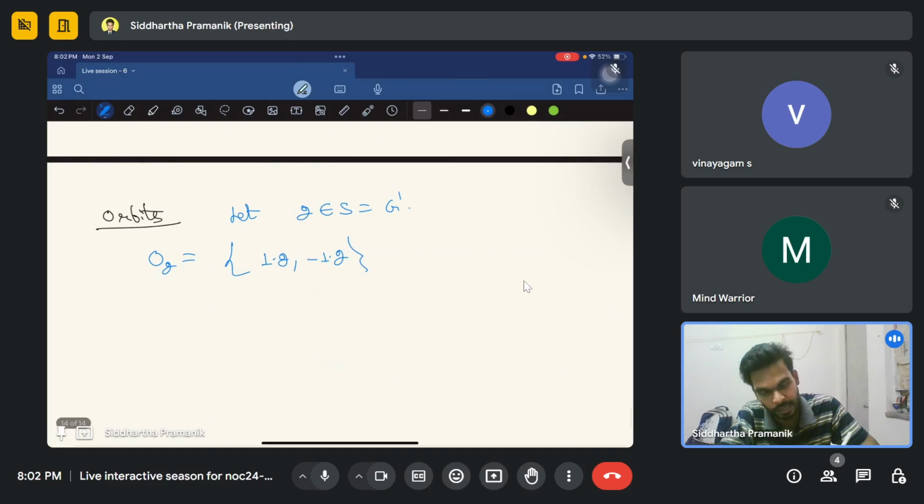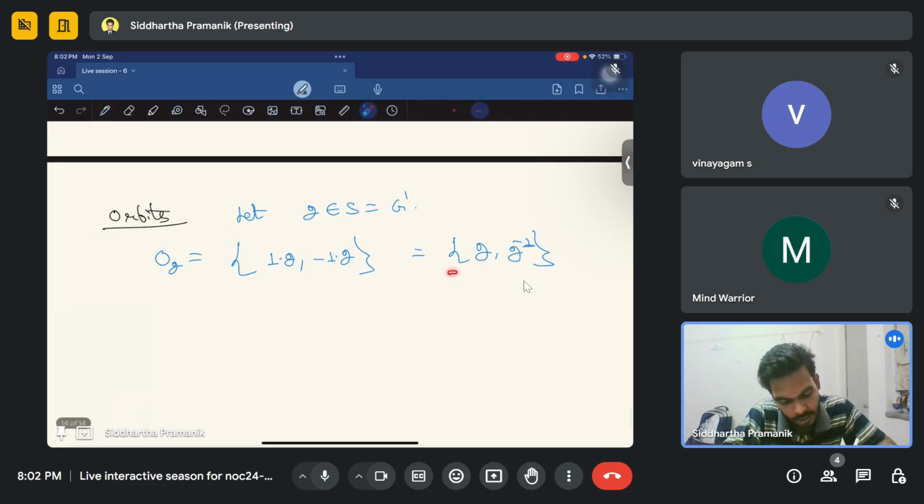Now what is this set? This is the same as g and g inverse, right? So our orbit exactly consists of g and its inverse. But in some cases, g equals g inverse. So the orbit can be a singleton set also.